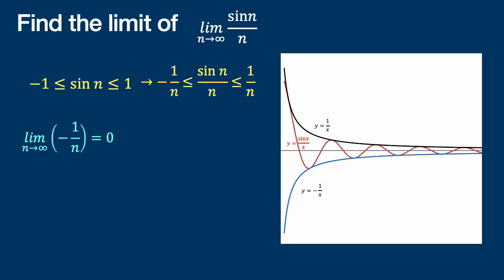Can you see from the graph? Also, this one is oscillating, but they are close to 0. How about 1 over n? They are also going to 0, so the middle sequence has to go to 0. That's why the limit as n approaches infinity of sine n over n goes to 0.